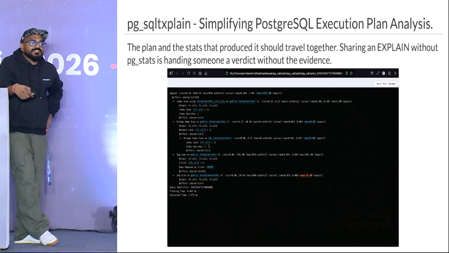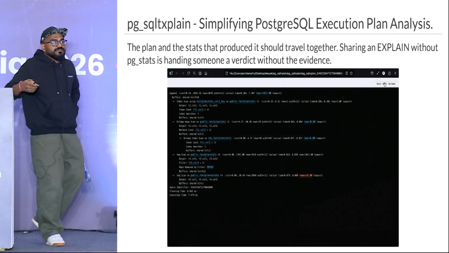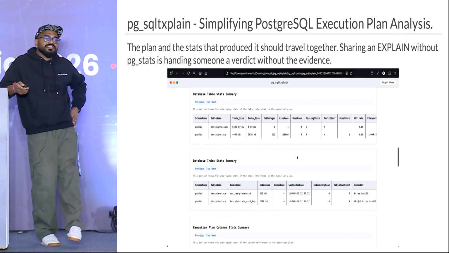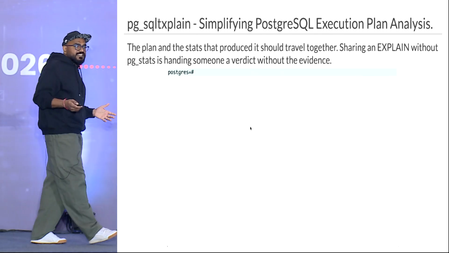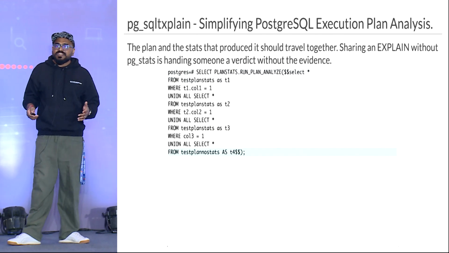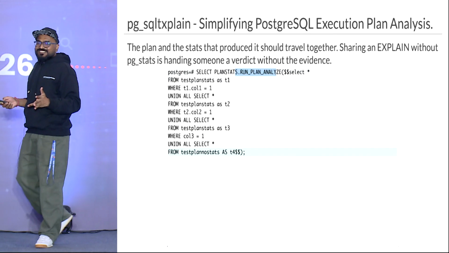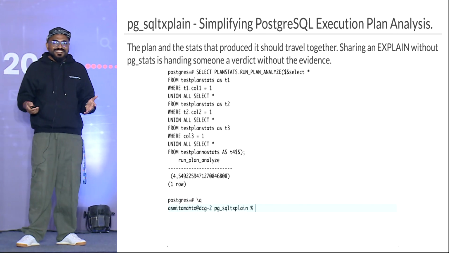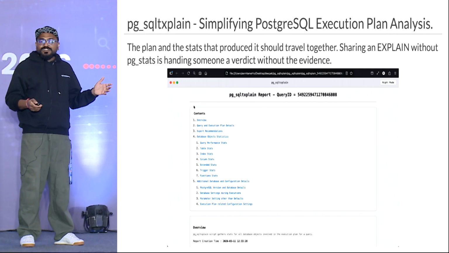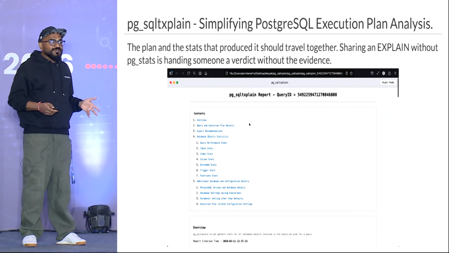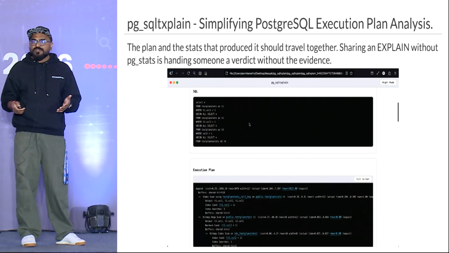So your plan is incomplete when you don't give it an understanding of how the table is defined, how the column is defined, and all of it. So PGSQL TX plan makes it easier to have all of that information embedded in a single HTML. Okay, and nowadays it's an AI era, right, where you don't post just the plan to AI, you post the whole information about all the objects involved. So it has a better context to come up with good recommendations.